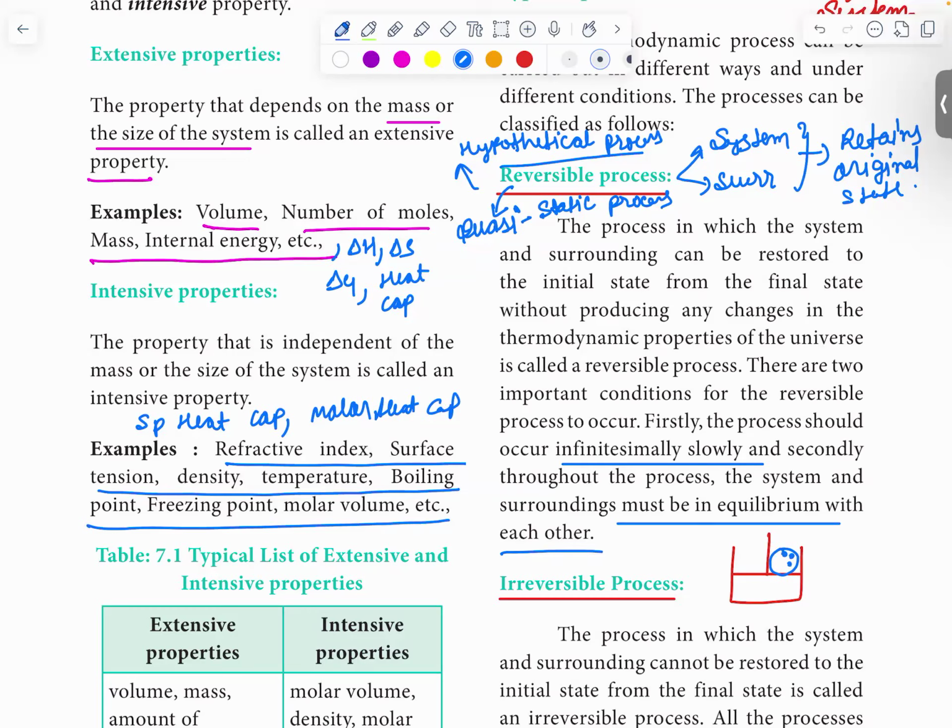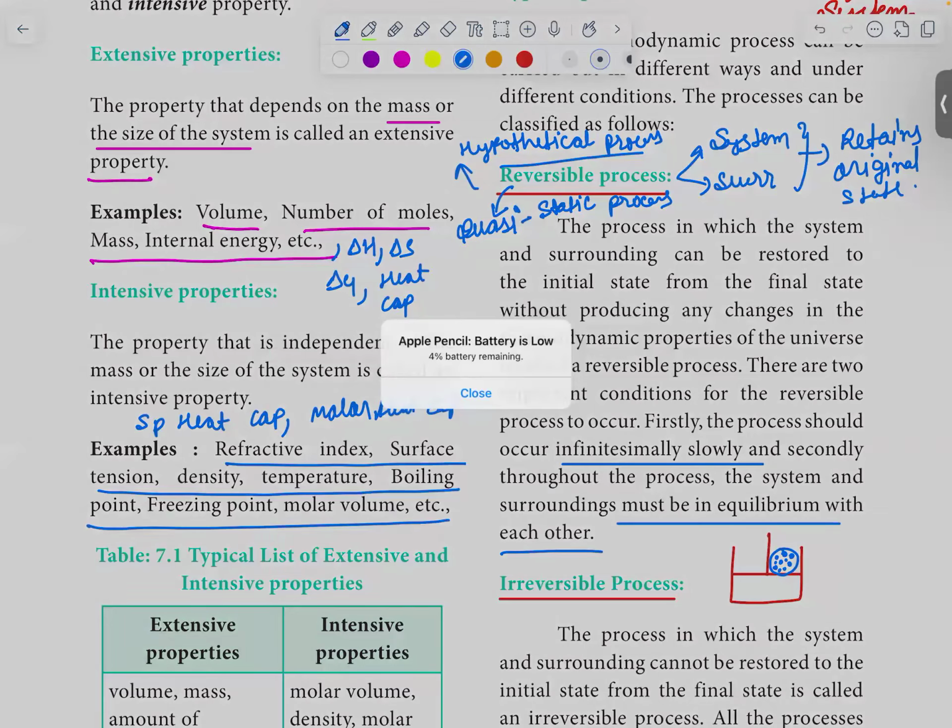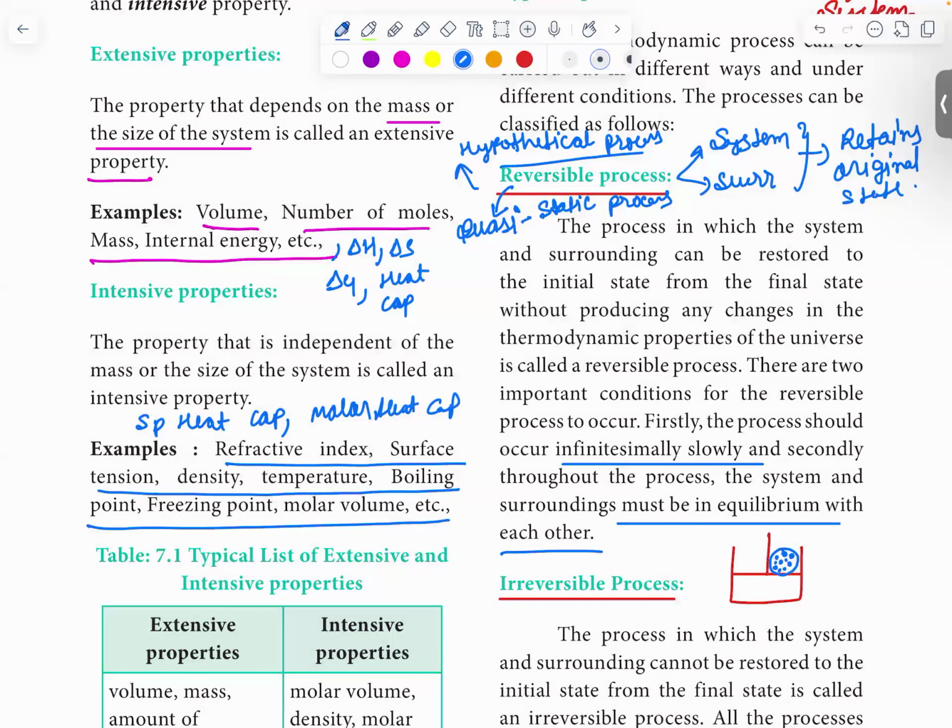You want to do a reversible kind of expansion, though it is not 100% possible. But still, if you want to execute a nearly reversible process, just pick out one grain of sand and throw it outside, then the second, then the third grain, then the fourth grain.